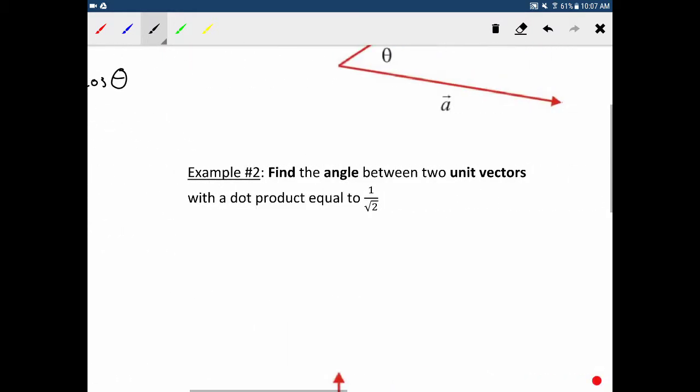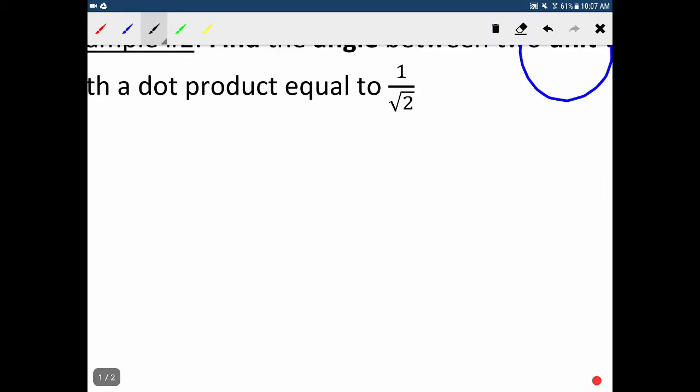Although we will use questions that make it more difficult, such as: what is the angle between two unit vectors? That's important, of course, because it means their magnitude is 1. And we know their dot product is 1 over root 2. So we will write this out the whole way. I'll stop being lazy for a bit and write this out properly.